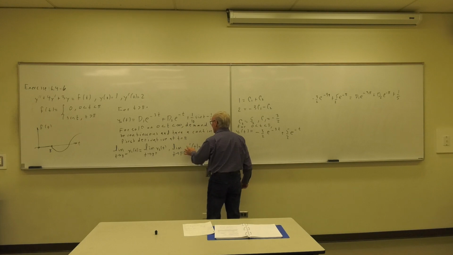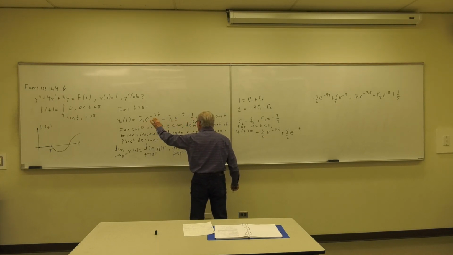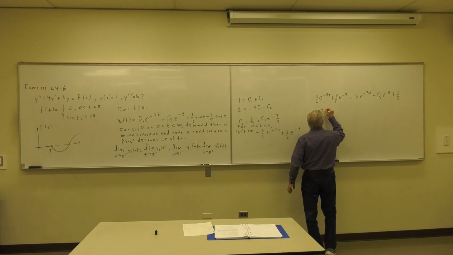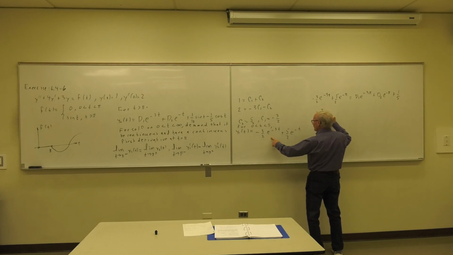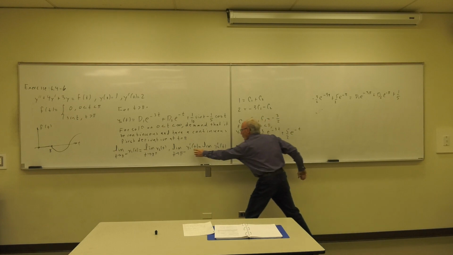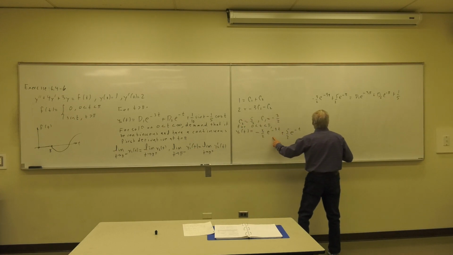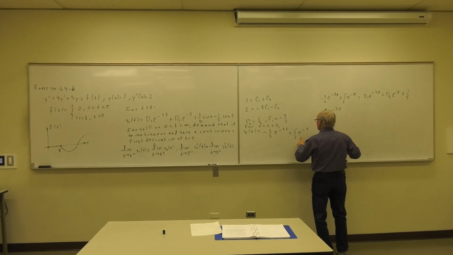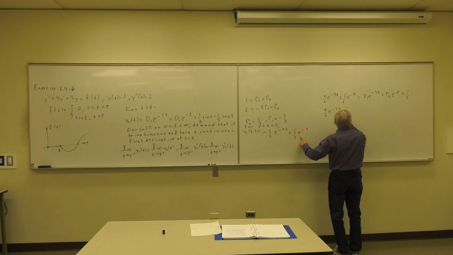Now this one. Differentiate this and let t go to pi. We're doing the y1 one first. Differentiate: 9 over 2 e to the minus 3 pi, minus 5 over 2 e to the minus pi, equal to.